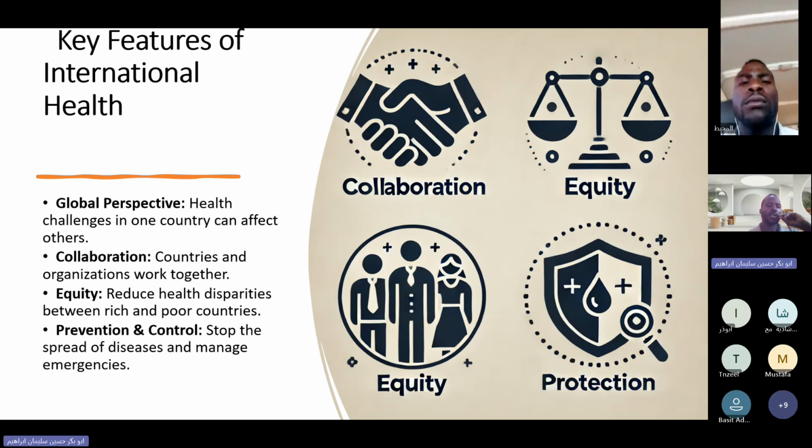Countries and organizations can work together. Sometimes you can see countries doing collaboration or cooperation between them to support each other, and even international organizations like WHO and CDC also work on this.